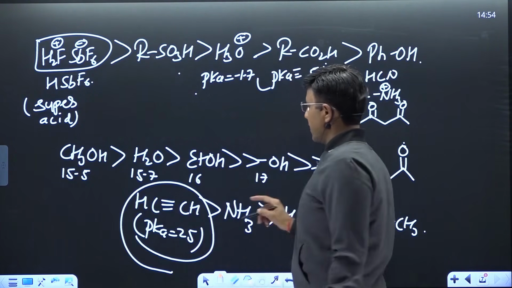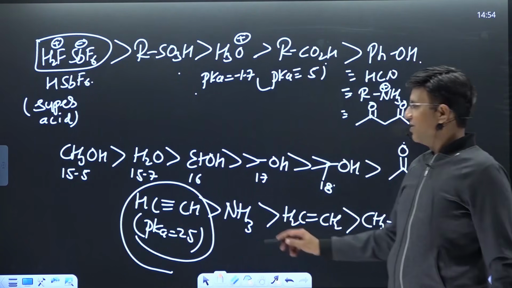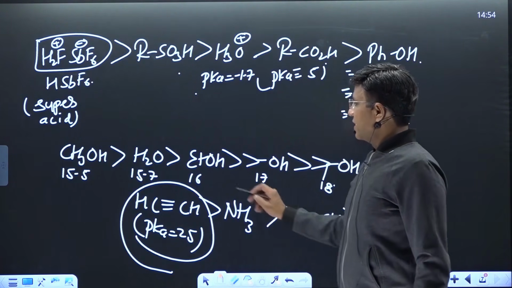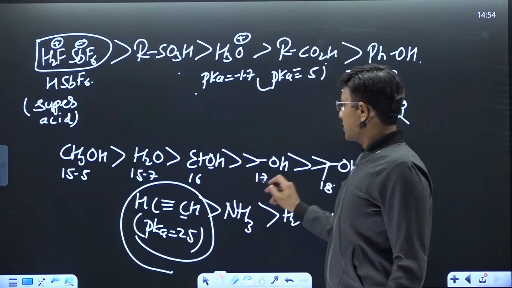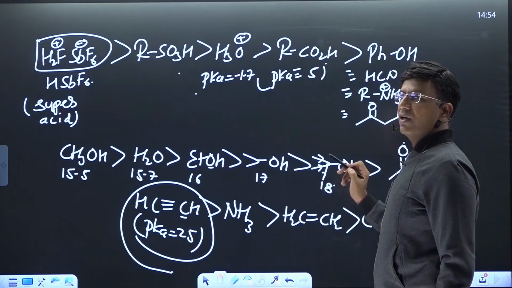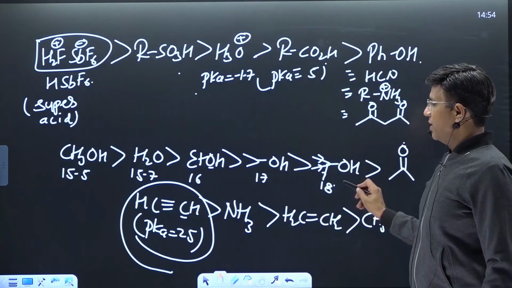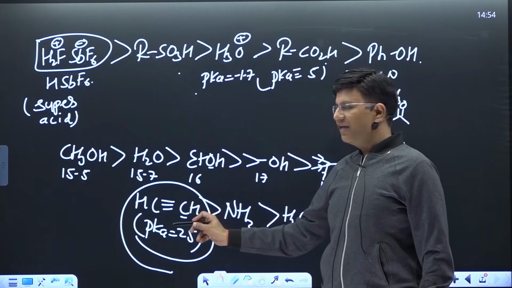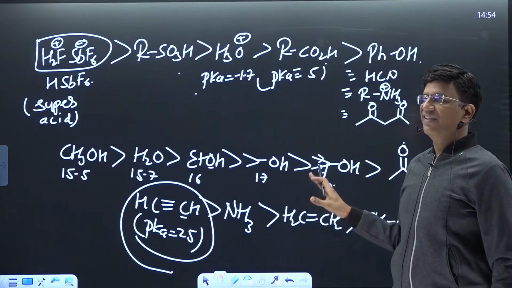All alcohols are more acidic than alkyne, right? So what kind of doubt arises? It comes up like this. Since oxygen is more electronegative than sp carbon, you think the plus sign has increased, so why is this more acidic? Even if the plus sign has increased, the pKa has gone from 16 to 18. Even now, alkyne will always come after alcohol. Did you understand? That's why you should know the data.